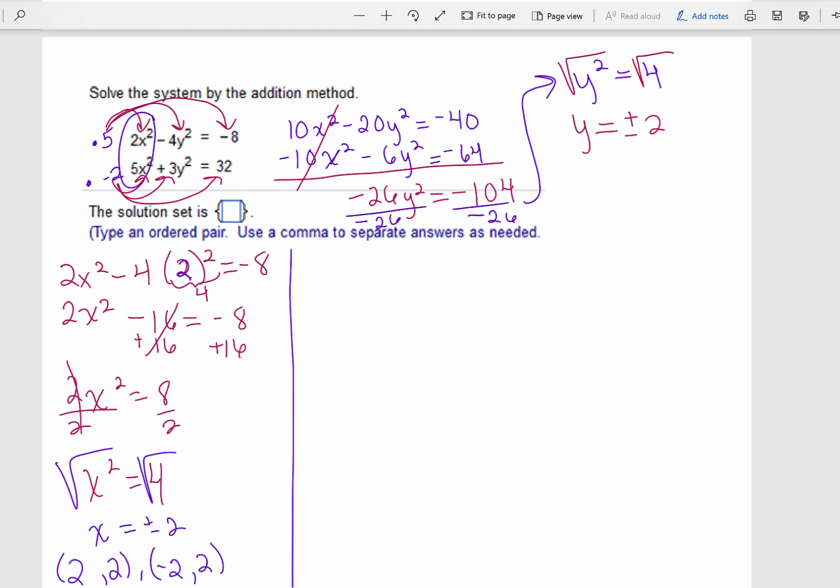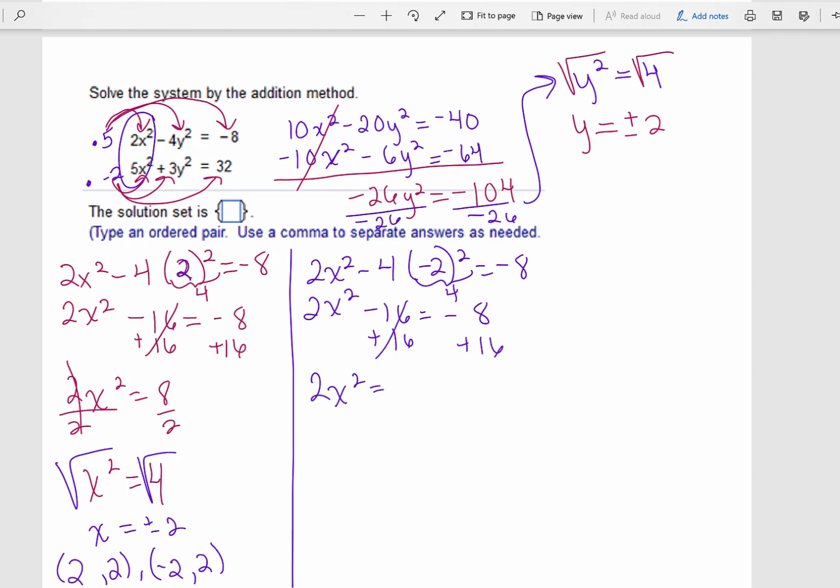But now we have to plug in negative 2, right? So 2x squared minus 4 times negative 2 squared equals negative 8. And let's see how that math is going to go. This is positive 4. So looking very similar. And same old, right?